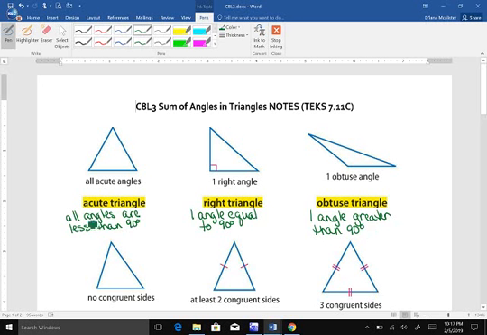These are triangles that are identified by their angles. Let's take a look at triangles that are identified by their sides.